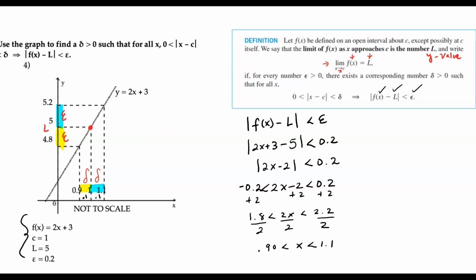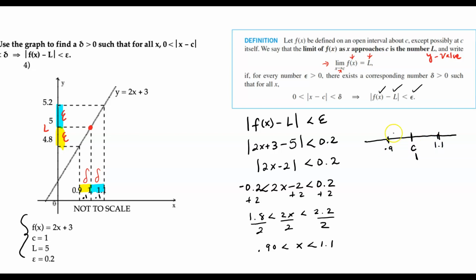That gives us the spread on x. If we're looking for a c value of 1, we have to be between 0.9 and 1.1 on the interval.